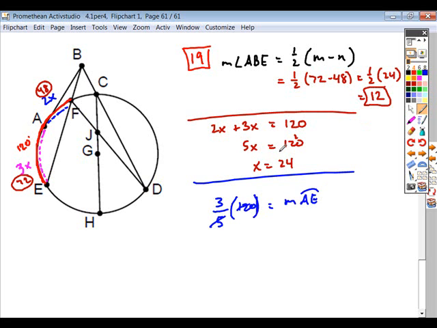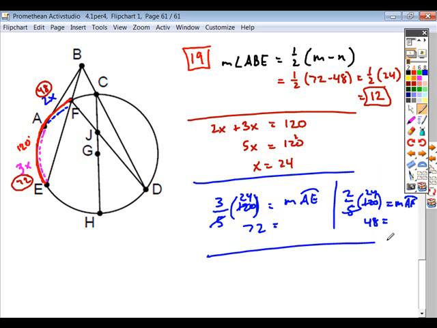Again, we get the same numbers that we're working with. 24 times 3 gives us 72. And then the same thing for AF. It's 2/5 of the whole 120. And that's going to equal arc measure of AF. Once again, when you multiply through, you'll get 48. So we get the same things that we did up here.